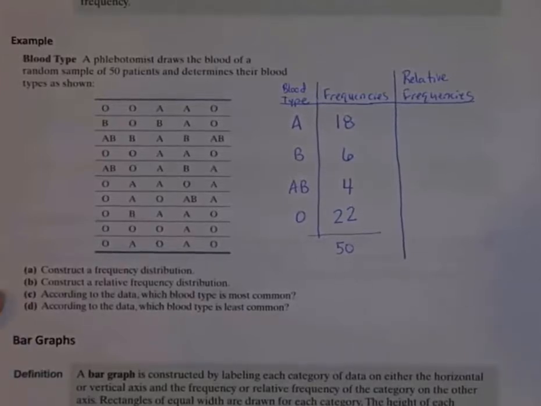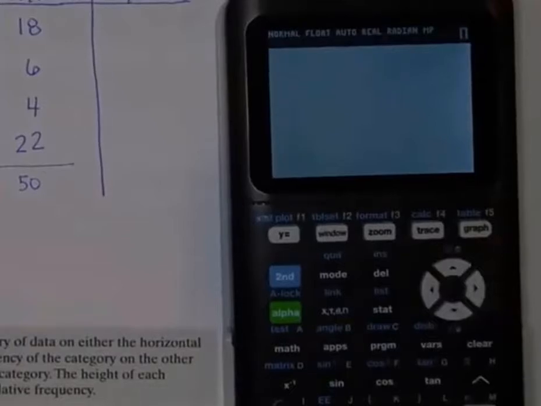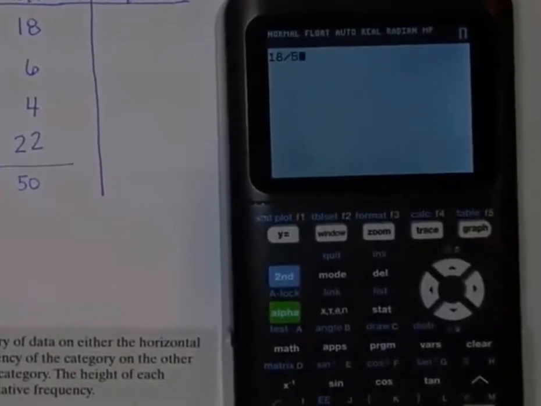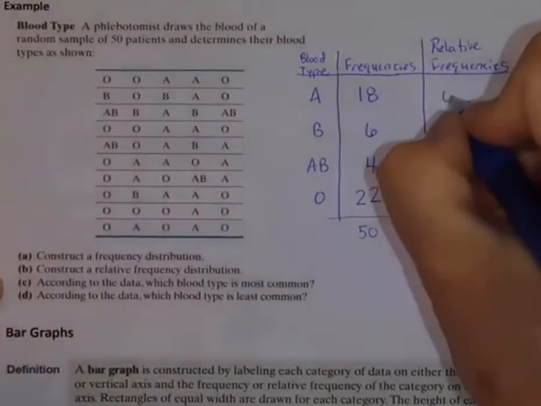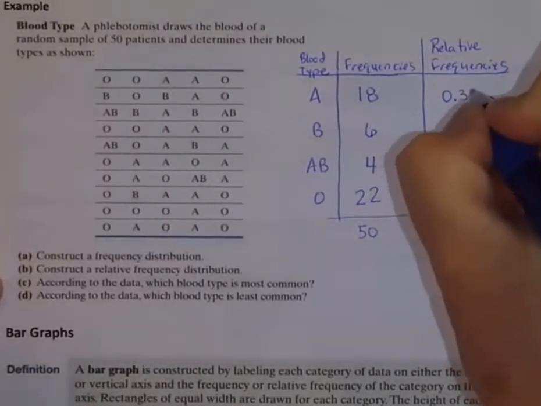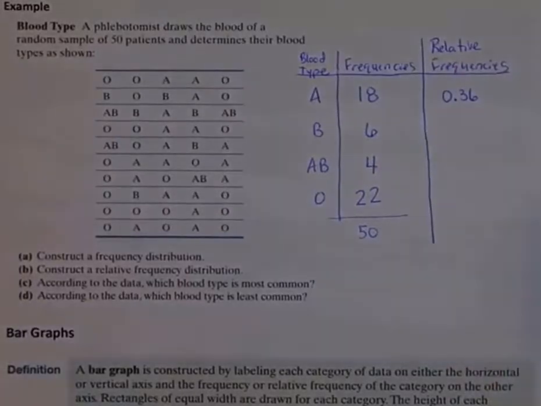So for example, to find the relative frequency of A blood, I'm just going to take the frequency 18 and divide by the total number of individuals in my sample, which was 50, and 18 divided by 50 is 0.36. So the relative frequency is 0.36 or 36%. Now again, in statistics, we don't usually use percents, we just say 0.36 is the relative frequency.